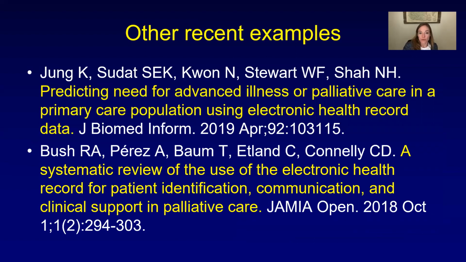And some other recent examples that I wanted to point out because they were relevant to some of the things that I'm going to talk about later, but have also already been covered in this talk. The first study looked at predicting those needing palliative care near the end of life. What was unique is they used primary care data. A lot of data you'll see are related to hospitalizations, and that can be a biased data set in that if you're needing hospitalization, you might be a sicker population and you're including a different set of patients in your analysis.